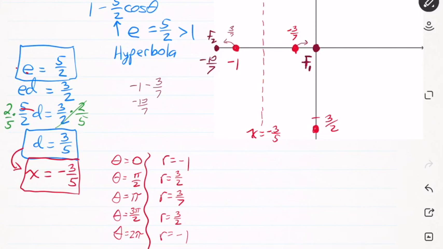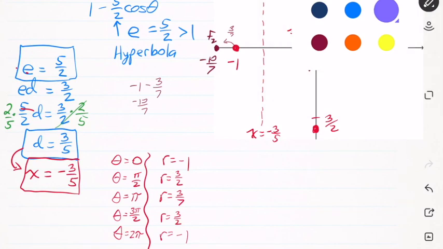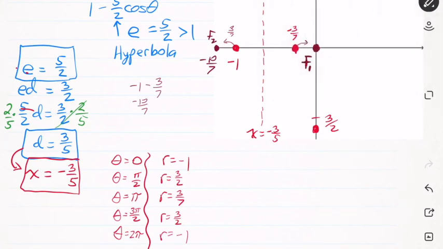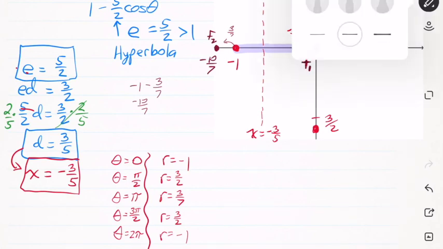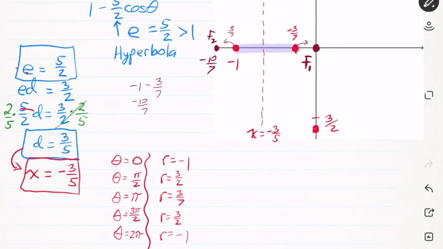All right, so number 1, let's look at this. This is called the major axis. And again, that's equal to 2a. So if that's 2a, then we can say that the distance between -1 and -3/7. So to do distance, you are going to subtract the numbers.